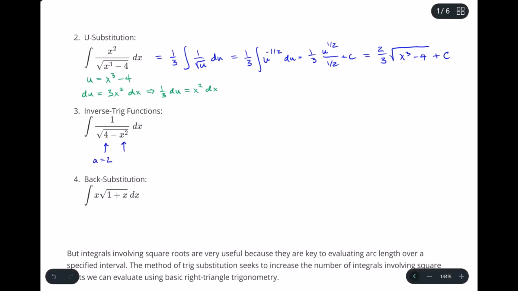And similarly, this right here could be some function u, but I would need the square of u to work with. All right, and then the formula says that this particular setup, when it's a constant minus x squared, that's our arc sine, and so it is officially arc sine of u over a. U is x, a is 2, plus c.